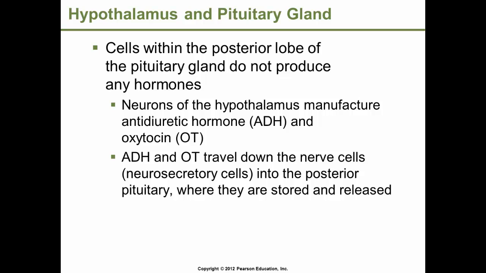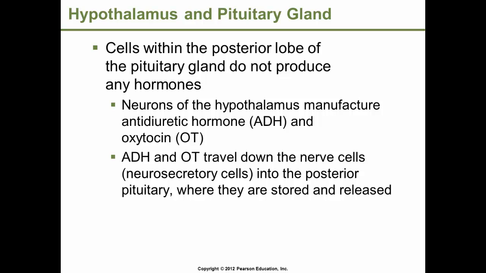Cells within the posterior lobe of the pituitary gland, as previously mentioned, do not produce any hormones. The neurons of the hypothalamus manufacture the antidiuretic hormone and oxytocin, which travel down the nerve cells into the posterior pituitary gland, where they are stored until released.